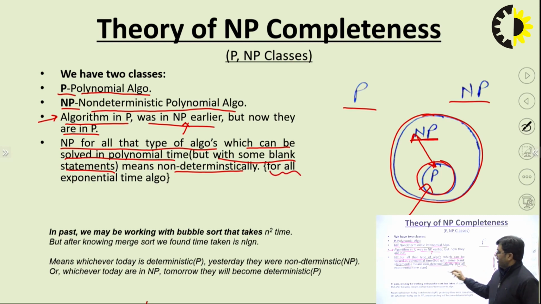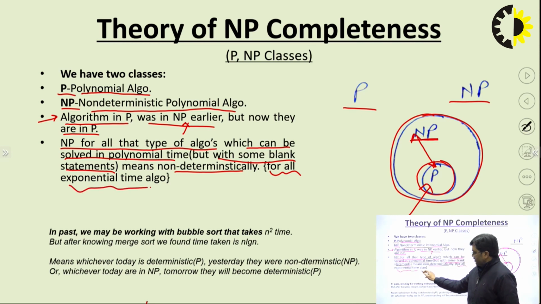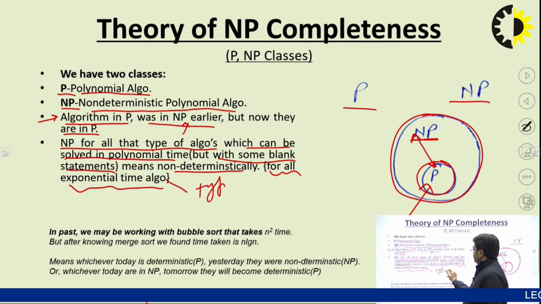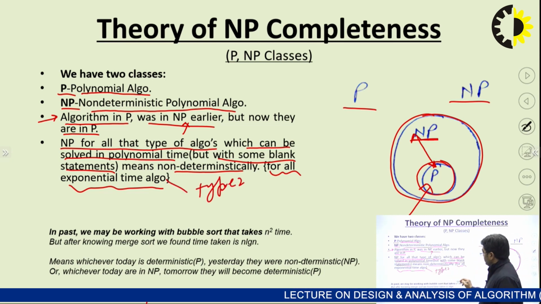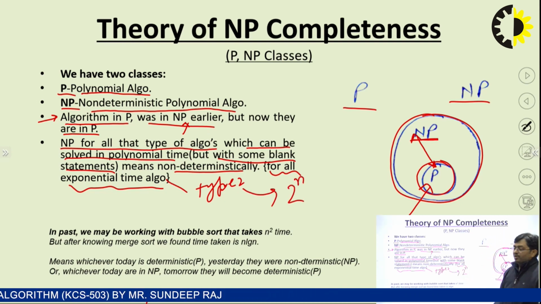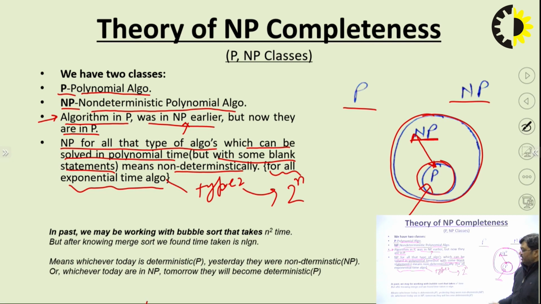Means we can write a non-deterministic polynomial time algorithm for all exponential time algorithms, means type 2 algorithms, or those algorithms which take complexity 2 raised to power n, or n raised to power n, or any exponential.